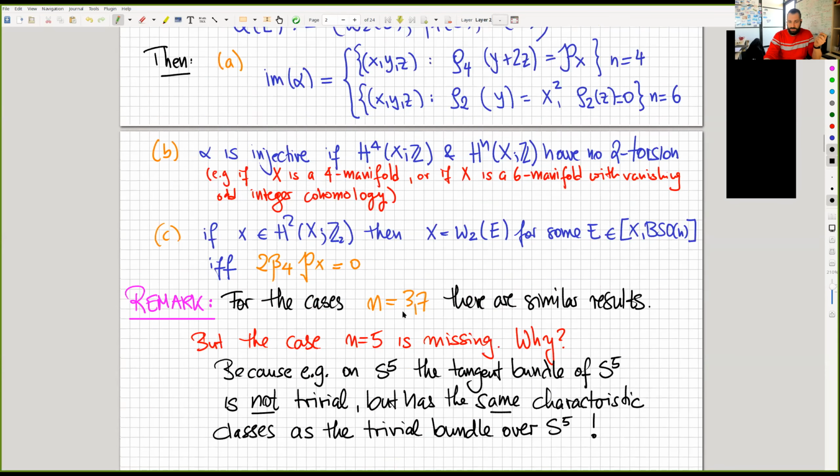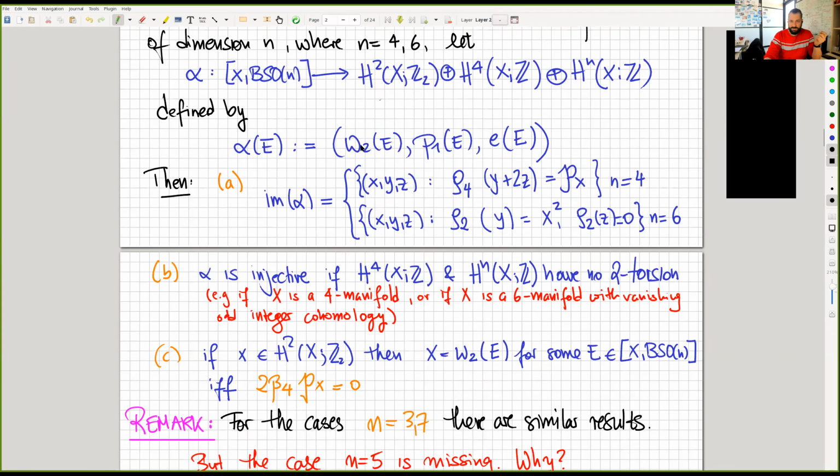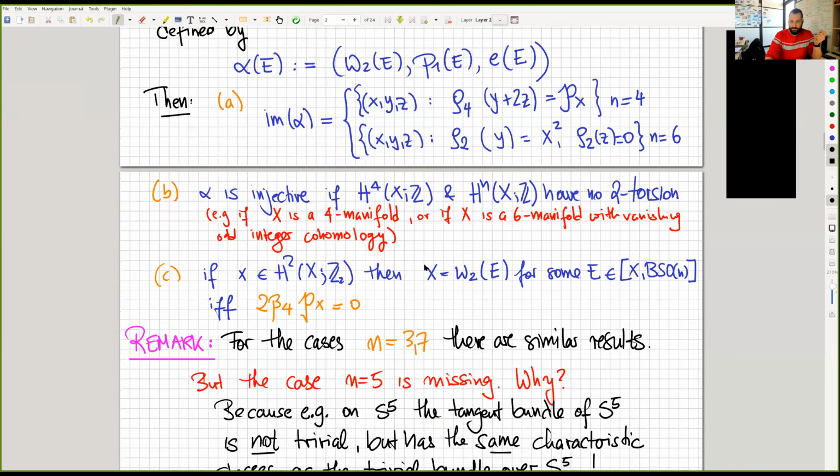Because if you want to characterize vector bundles by certain cohomology classes, this will not work in S5, because in S5 the only non-trivial cohomology groups are concentrated in degree 0 and in degree 5. And you can show that any characteristic class in degree 5 vanishes.